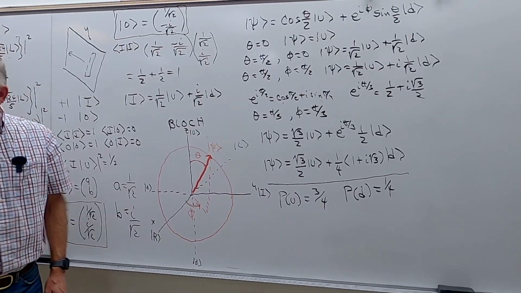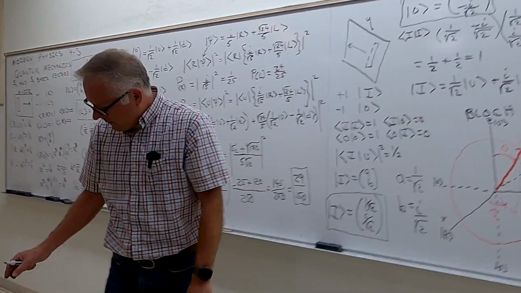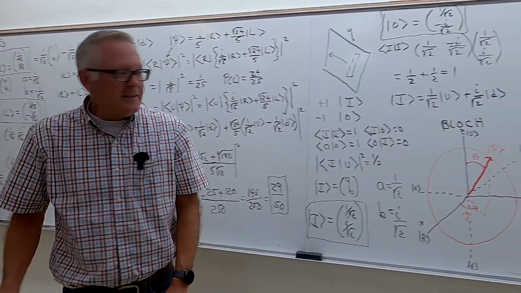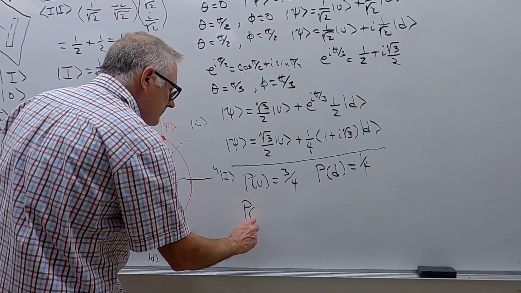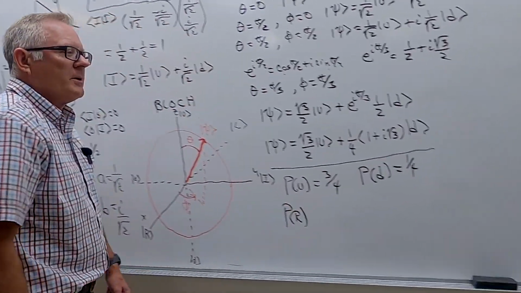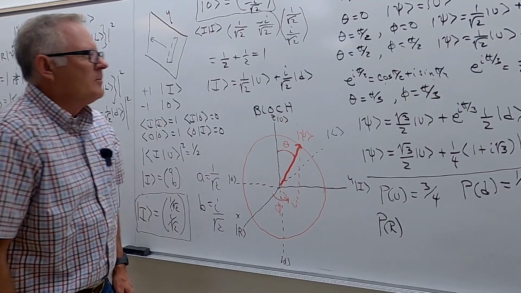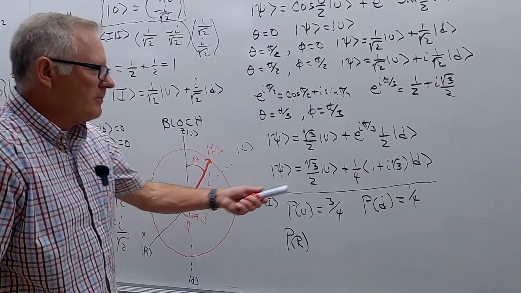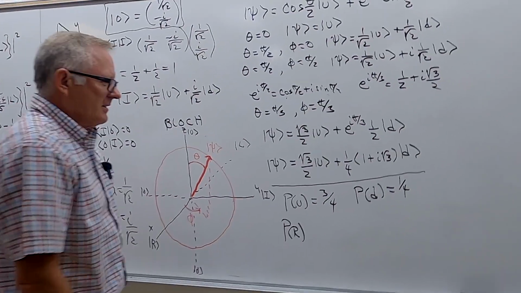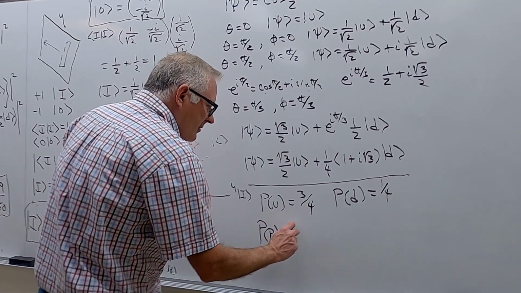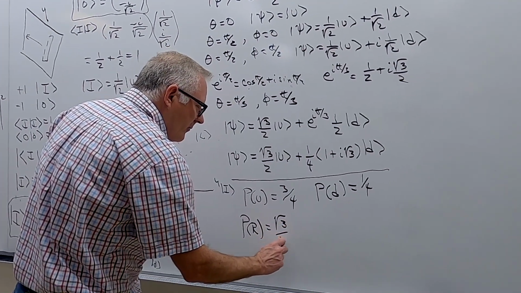Well, what if I wanted to measure the probability of, say, being in the right state? What I do is I just turn my ups and downs into rights and lefts. So that would be the square root of 3 over 2.